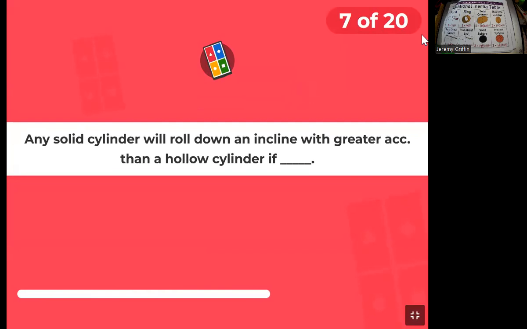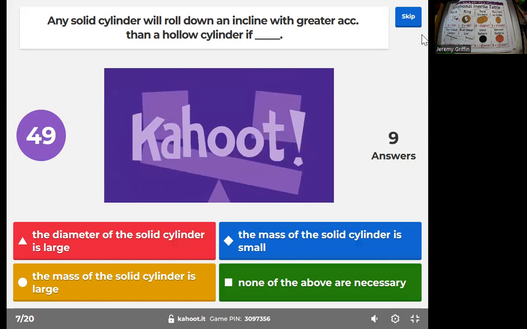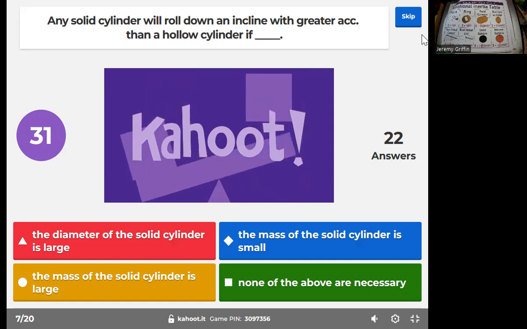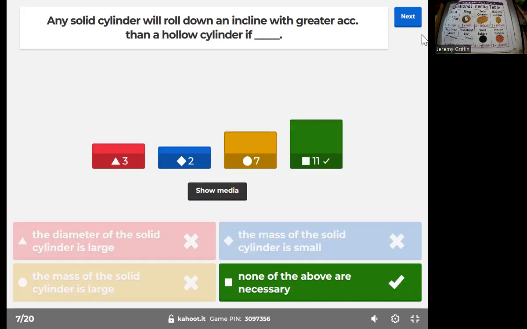A solid cylinder will roll down an incline with greater acceleration than a hollow cylinder if... Yeah, none of the above are necessary.